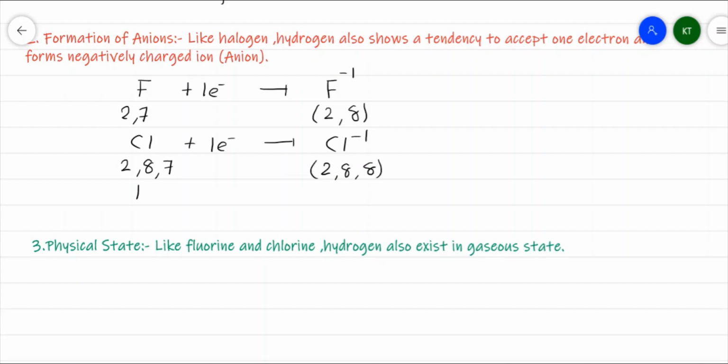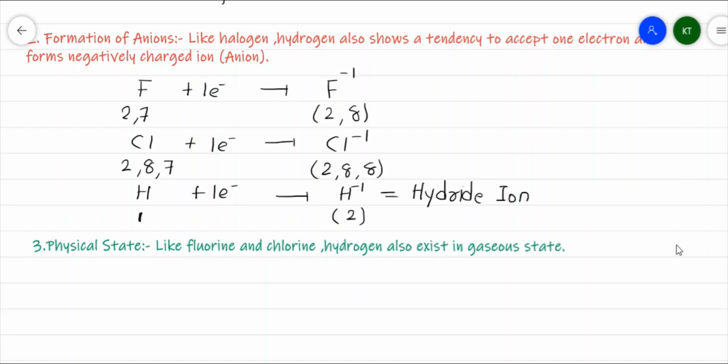Now hydrogen has one electron in its outermost shell, so it will gain one electron and get converted into H-1, which we commonly call the hydride ion, and attains the electronic configuration of the nearest noble gas, helium. So here, like halogens, hydrogen also shows a tendency to gain one electron and attain the stable electronic configuration of the nearest noble gas and forms a negatively charged ion, which is commonly known as an anion.